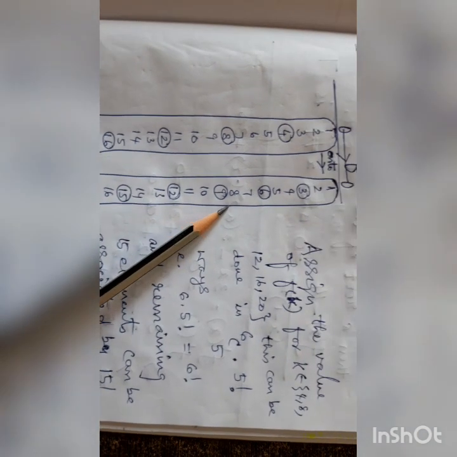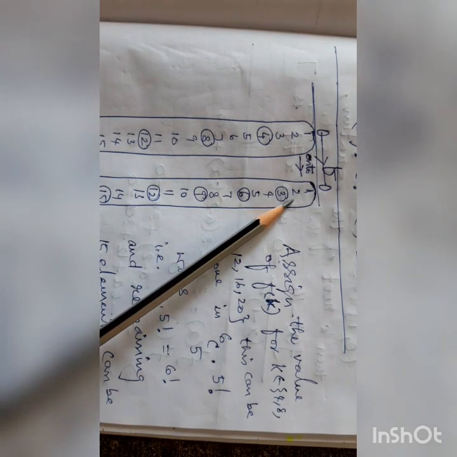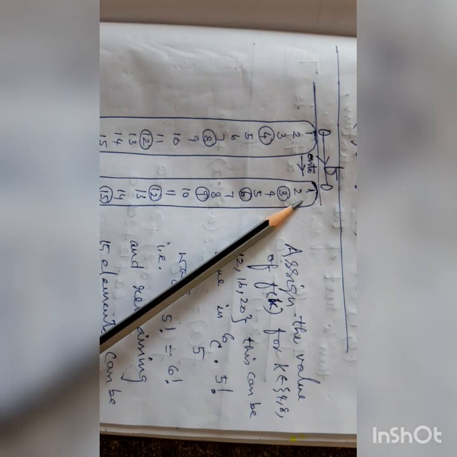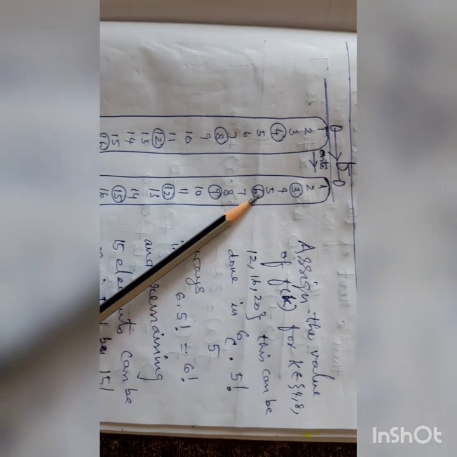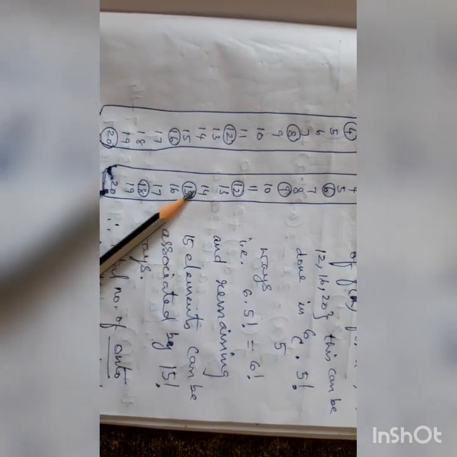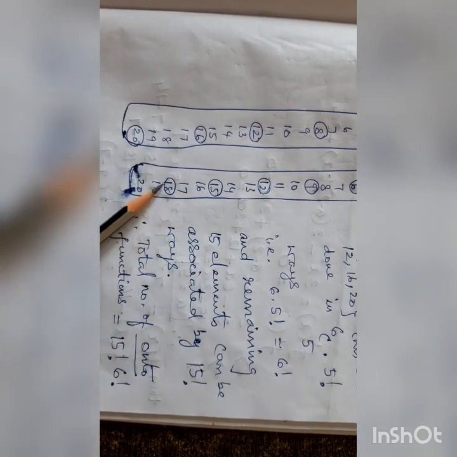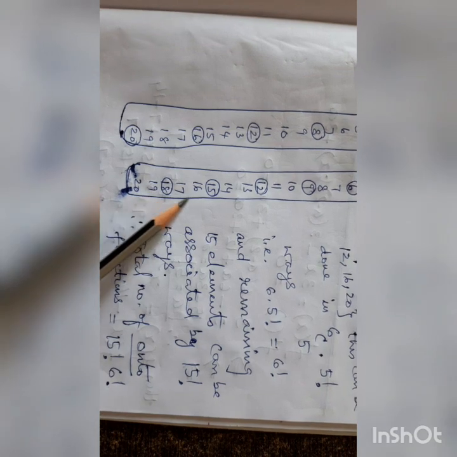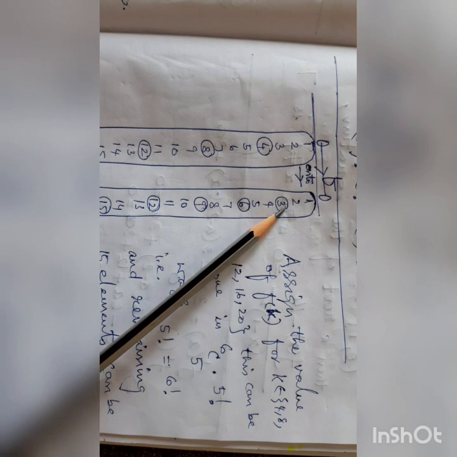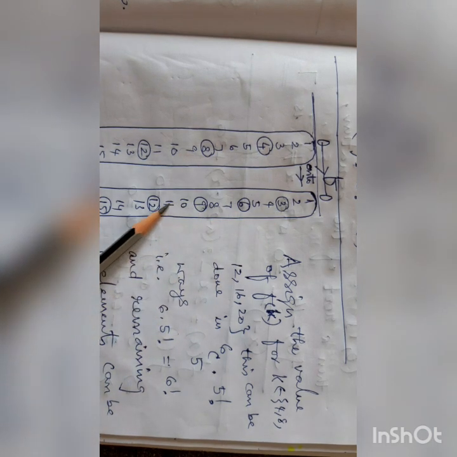Next, here in the codomain, the multiples of 3 are 3, 6, 9, 12, 15, 18. How many? 1, 2, 3, 4, 5, 6. In the codomain, there are 6 multiples of 3.